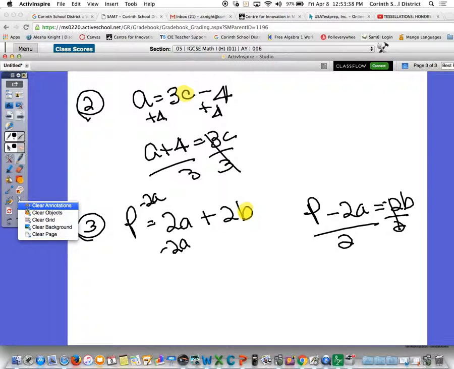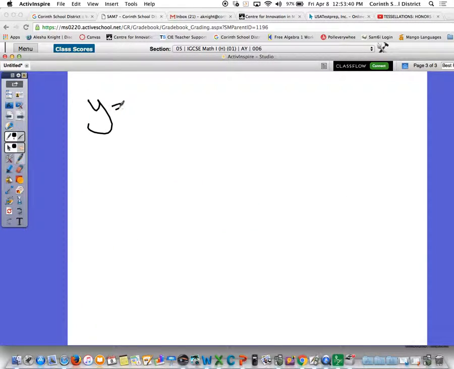Okay, let's look at this one. Everybody write this one down. Y equals 2/3 T plus S. Okay, we're going to make T the subject.